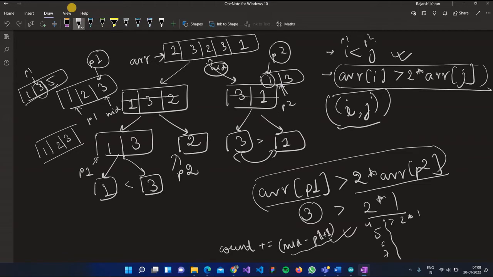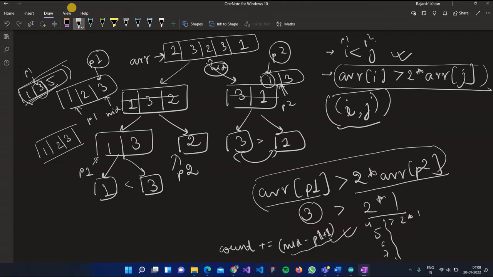We know that this section is totally sorted, and every element on the right side of this 3 will be more than 3, and all of them will form a reverse pair with this element over here.